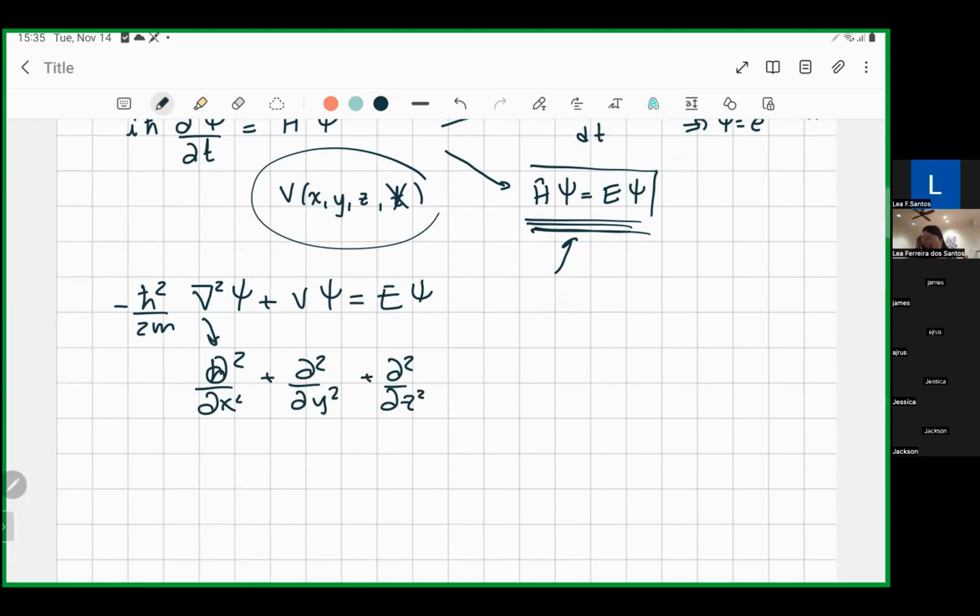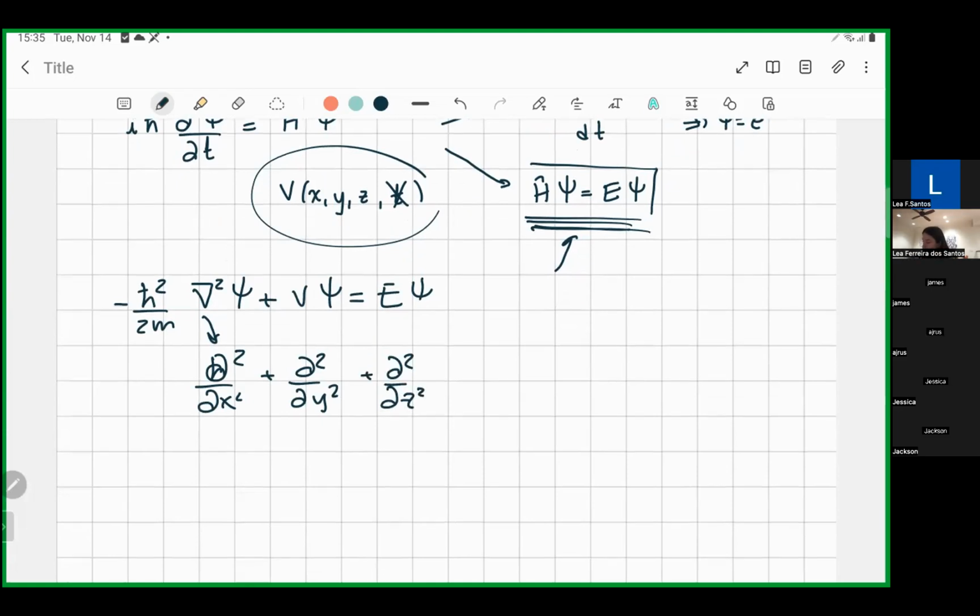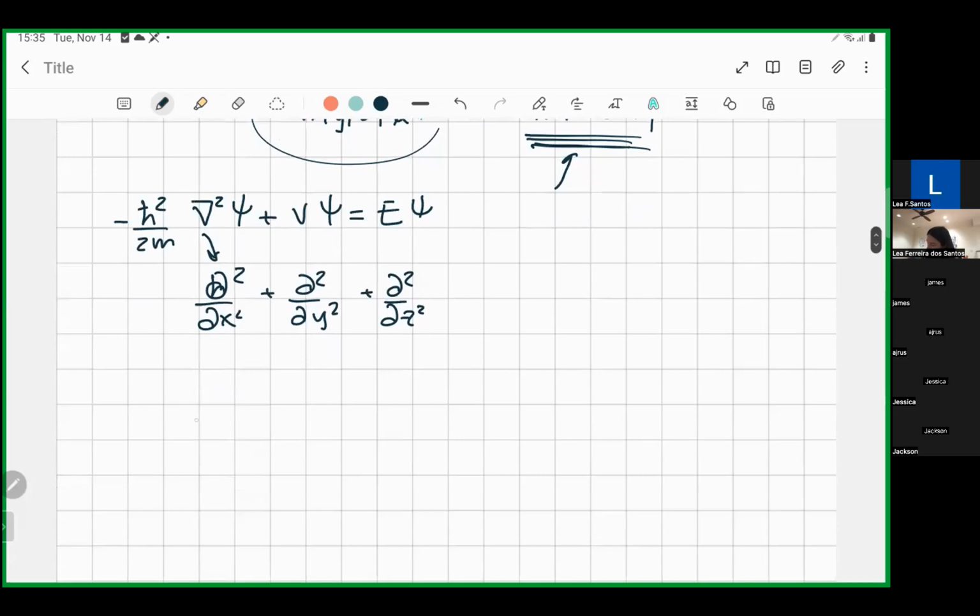Now, to solve that equation, we need the potential, and we said, well, let's play with the potential. If I write it in spherical coordinates, it would depend on the distance and on 2 other angles. But if it does not depend on these 2 angles, this is the kind of potential that we call central potential.